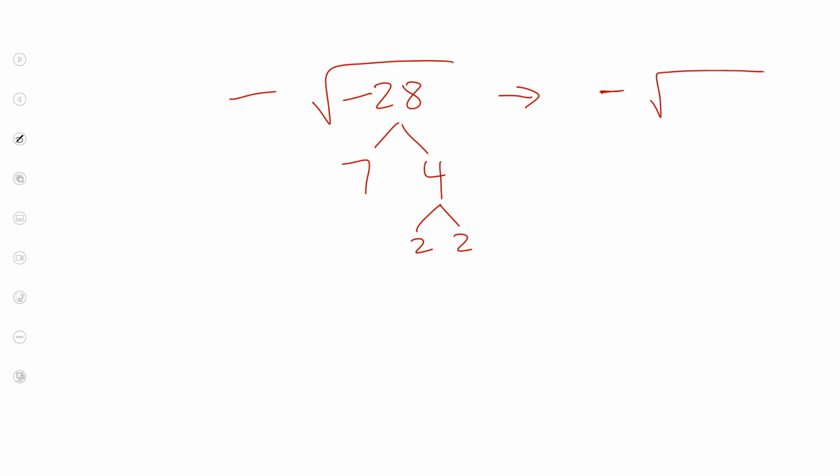On the inside, I have 7 times 2 times 2. Here's a pair. Cross it out. I'm going to put it outside. So my answer is -2 square root 7. Now, one more thing. If my original problem has a negative underneath the radical symbol, I need an i in my answer. Okay?